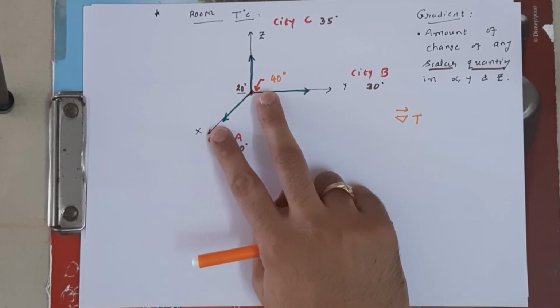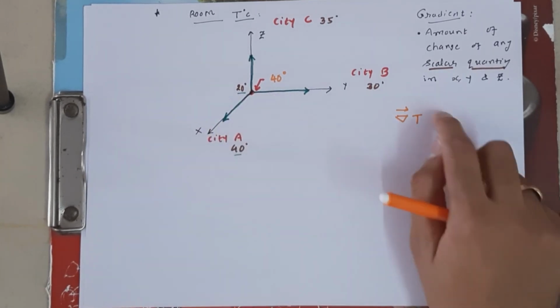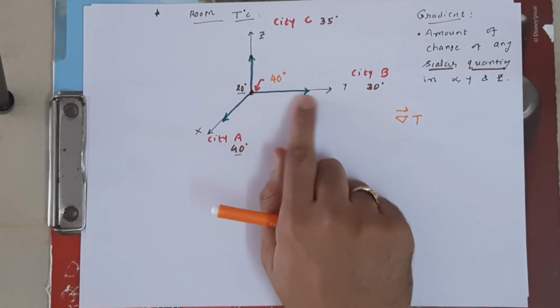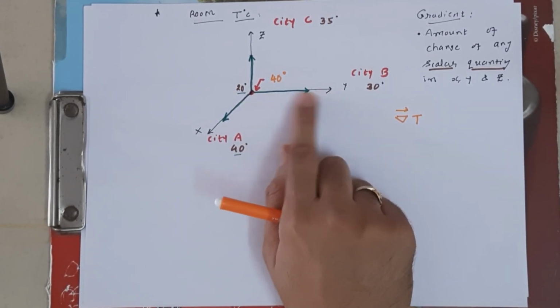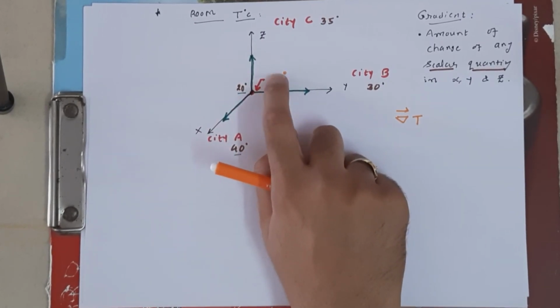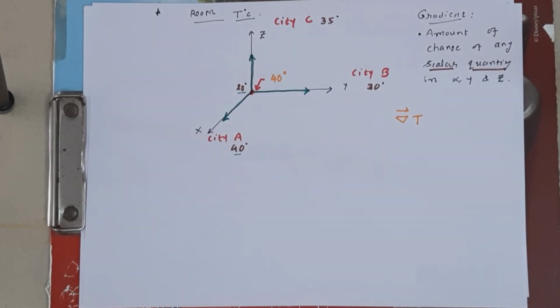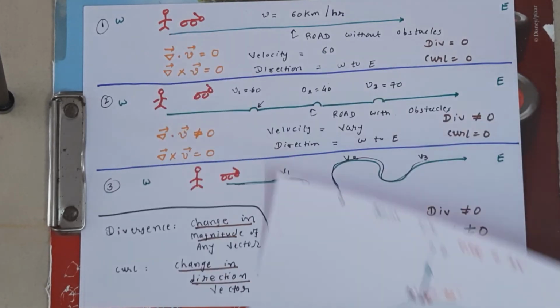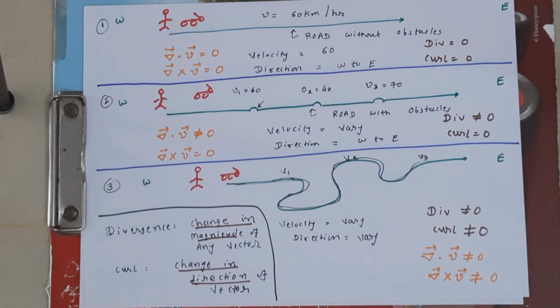There is 0 amount of change, that means no change of scalar quantity. So in that case the answer is 0. But what about in this direction? It is a 10 degree change, and here a 5 degree change, considering the reference temperature is 40 degrees. Clear? So it's a very simple understanding of the concept of divergence, curl and gradient.